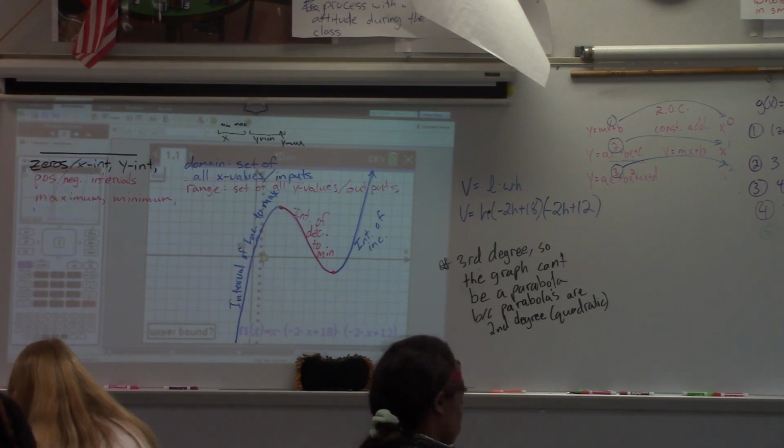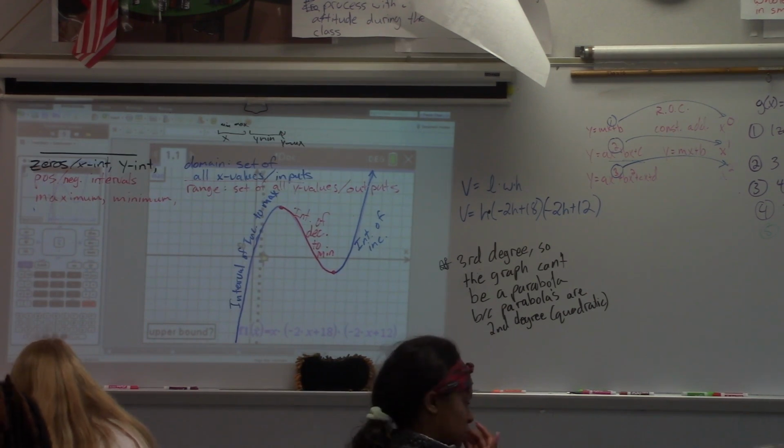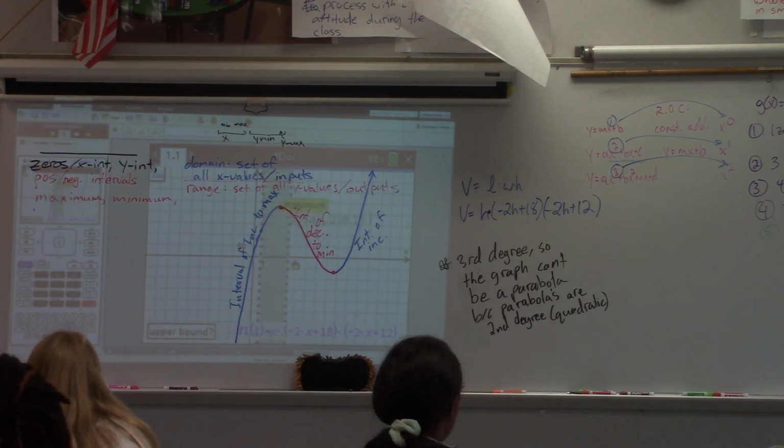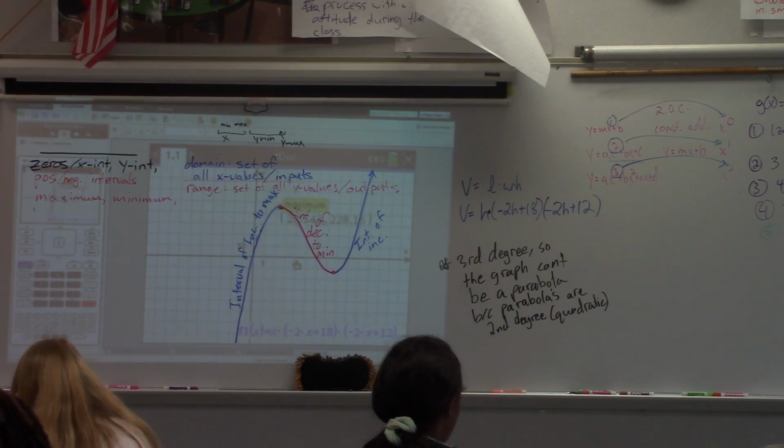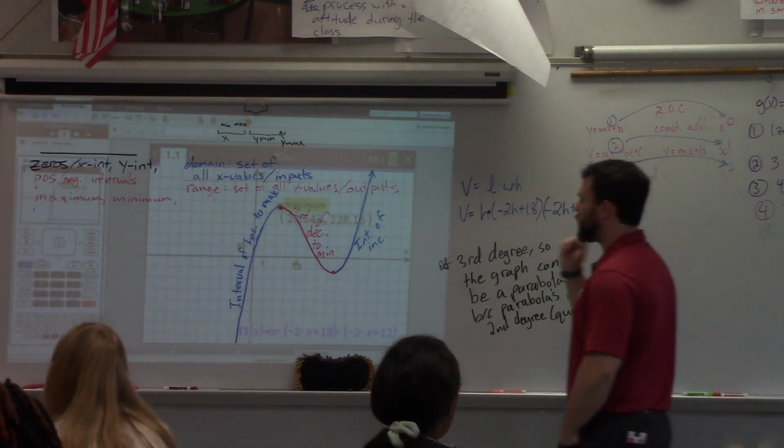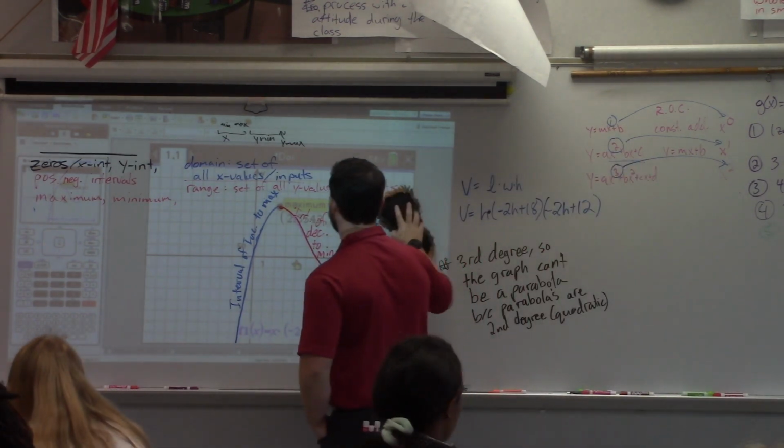What question does it now ask? Upper bound, so what does that mean? Scroll a little to the right of that maximum, so it's to the right. And notice how there's a point there that it stops once you get to the right. And then I hit enter. And we need to know how to interpret what this point means.